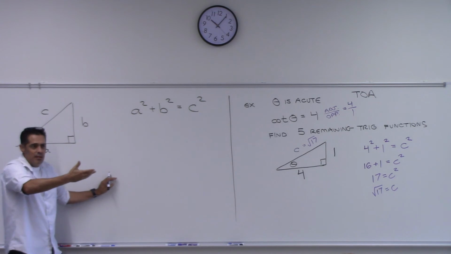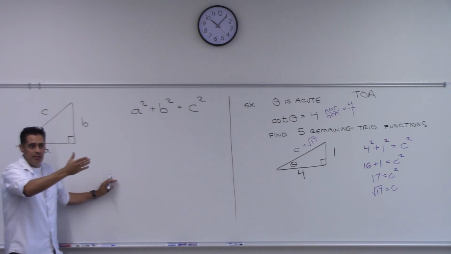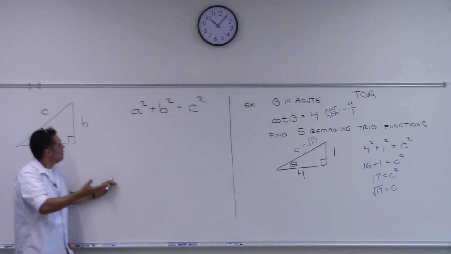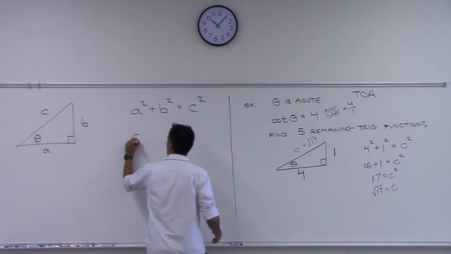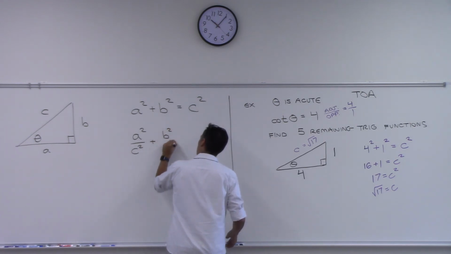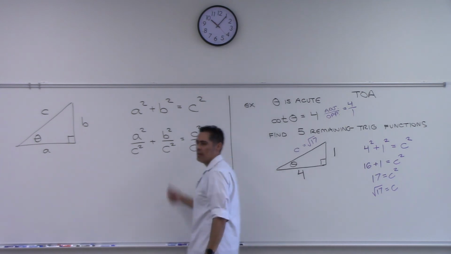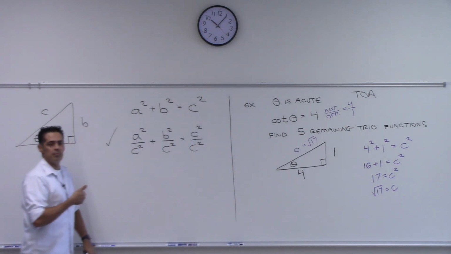Would that be legal? As long as c is not 0, right? I can divide everything by a number other than 0. So imagine me coming in here and dividing everything I see by c squared. So that's all right? Y'all are okay with that?